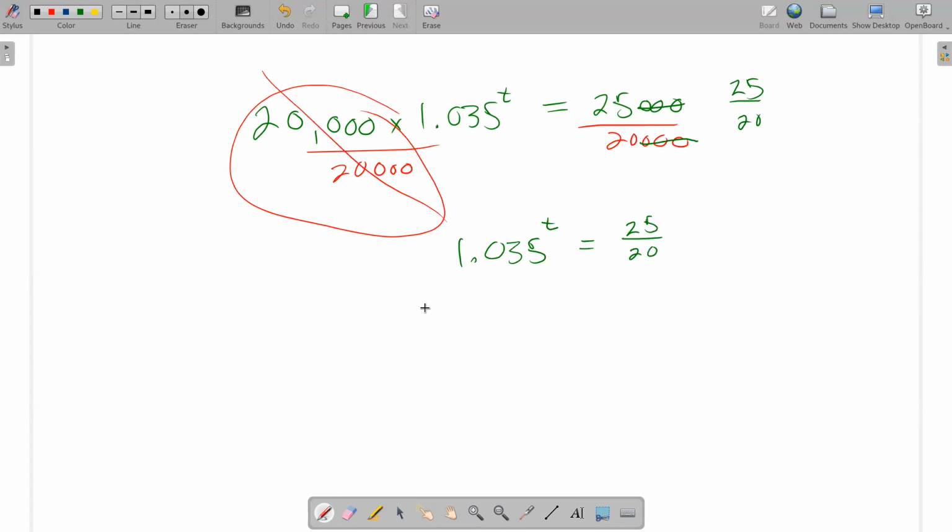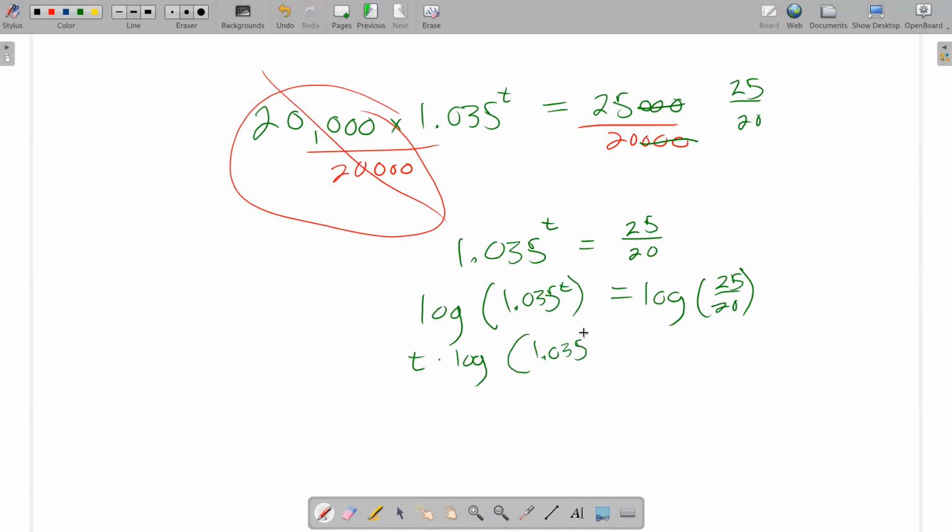And then we do our logarithms. Log of 1.035 to the t equals the log of 25 over 20. If you reduce that further, that's cool. The t pops out. And then I would divide to finish this off.